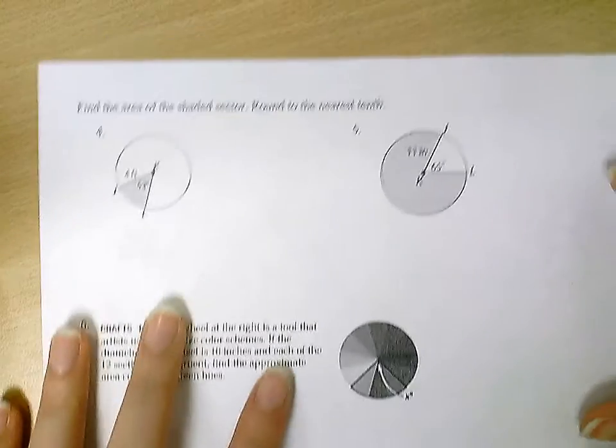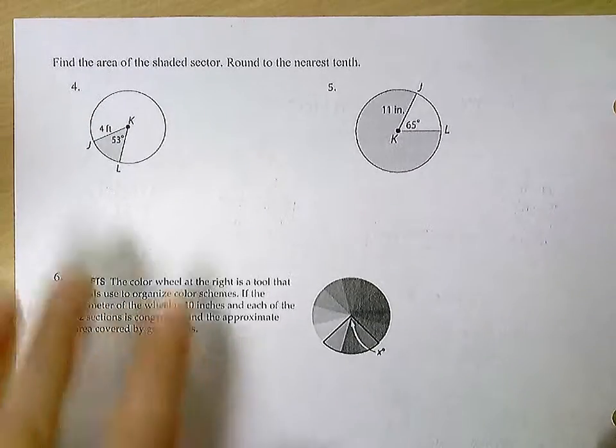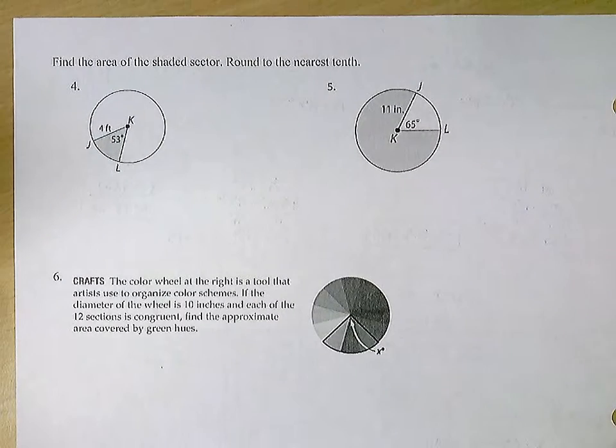All right, then on the next page, I want you guys to do number 4. So use that formula from the front, use what you're given in the picture, and find the area of the shaded sector.